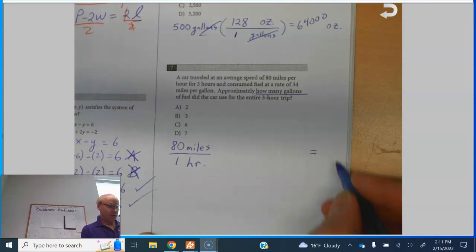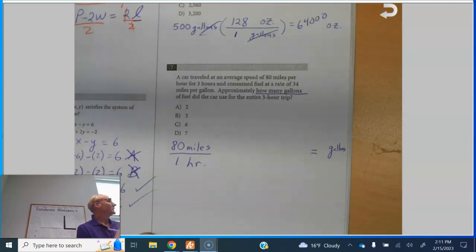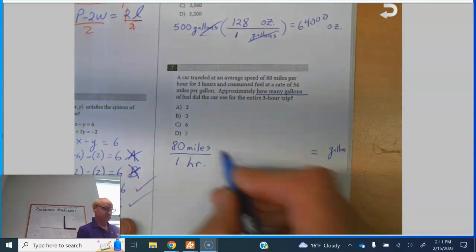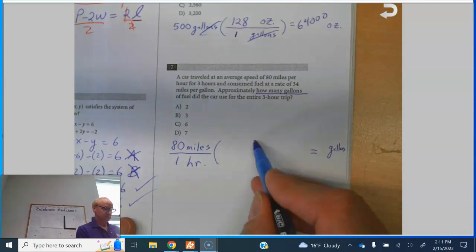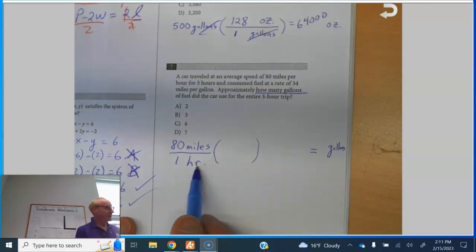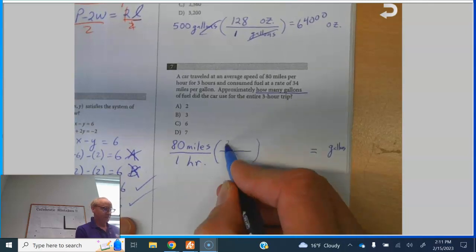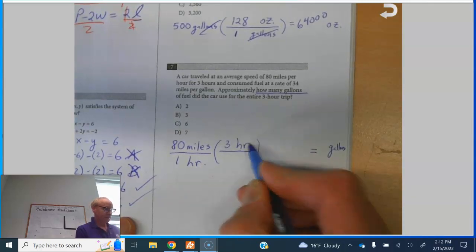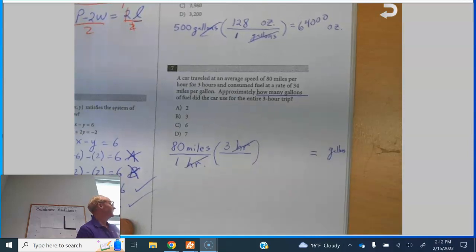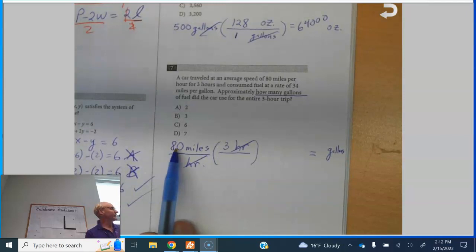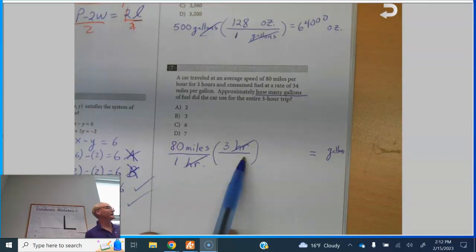So I want to end up with gallons. There's no hours in the problem, so I'm going to get rid of hours by multiplying them. What this tells you is that on his trip, 80 times 3, 240 miles.